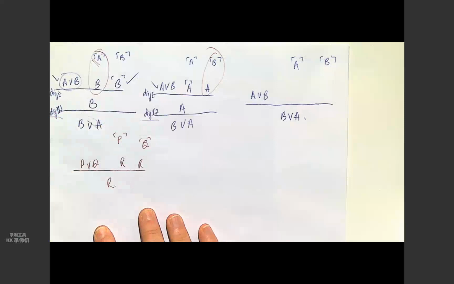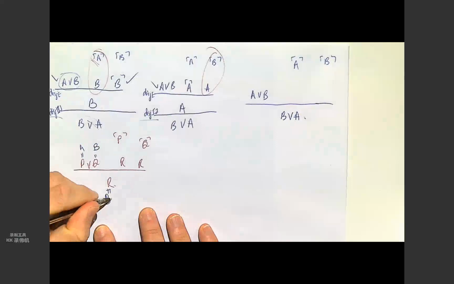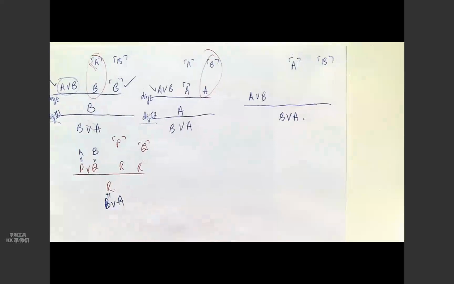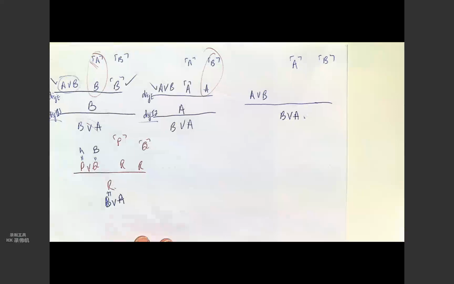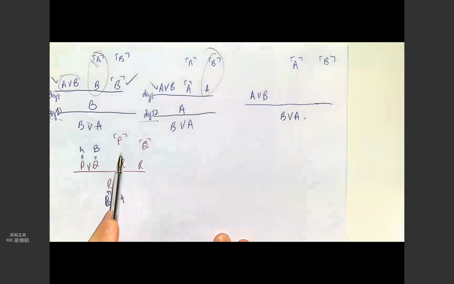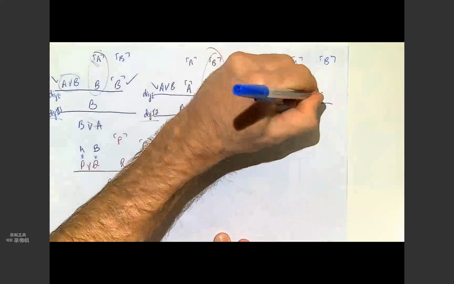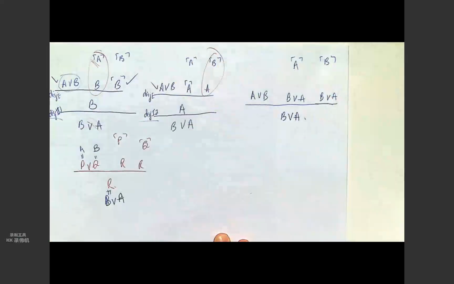I'm picking A to be P, B to be Q, and A or B, and B or A to be R. It's by pattern matching. So I'm going to have A for P there, B for Q there. P becomes A, Q becomes B, and R becomes B or A. Okay?